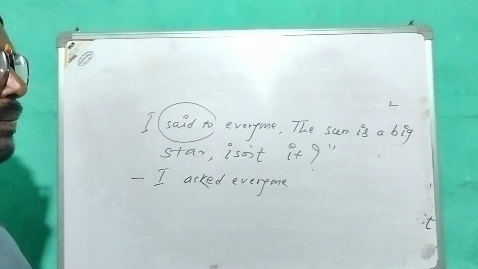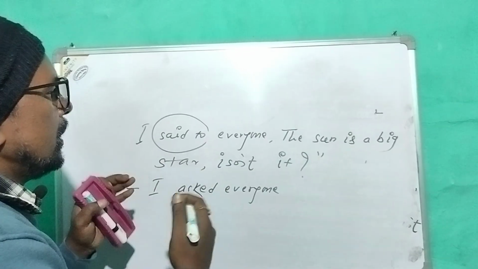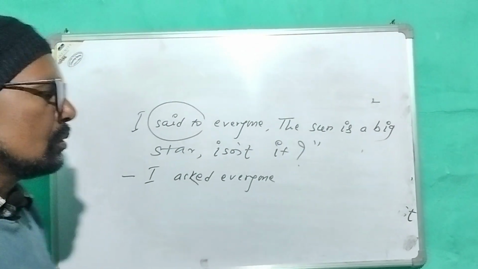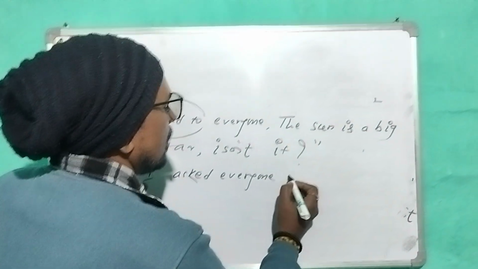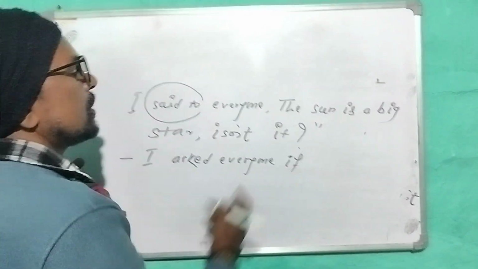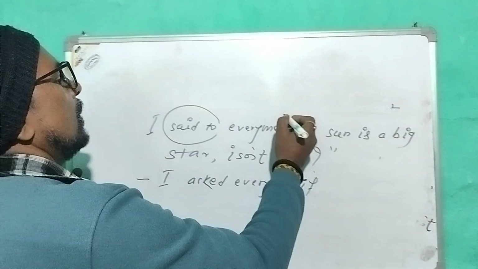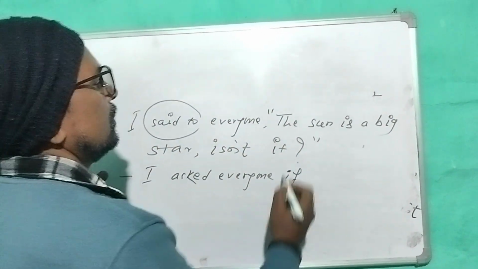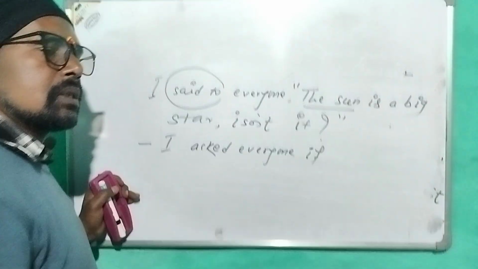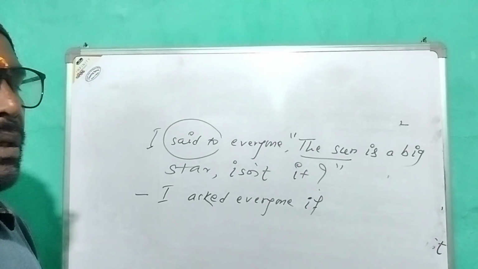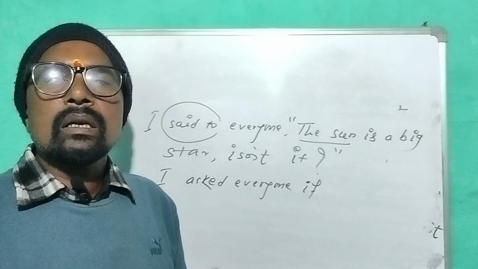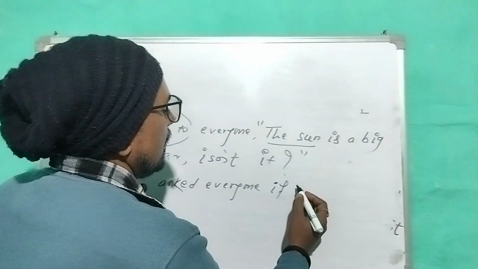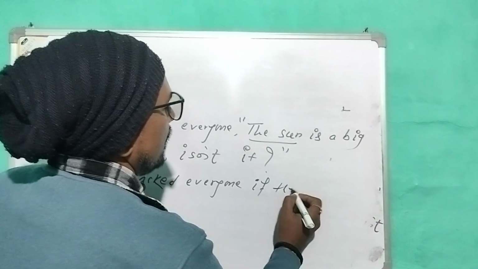In the second step, we need to join the reporting verb and reported speech together. So we have to use if instead of the comma or inverted comma. I have used if the sun. The sun is the subject, a third person. A third person can't be changed, neither as subject nor as object. So we have to write the same, the sun.